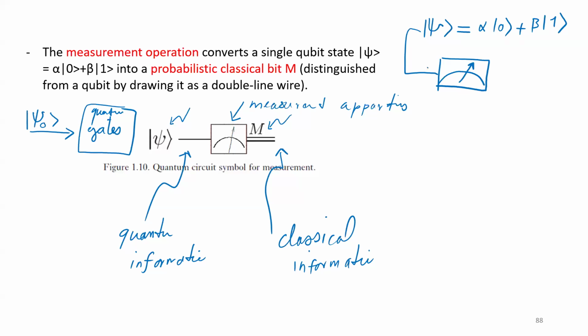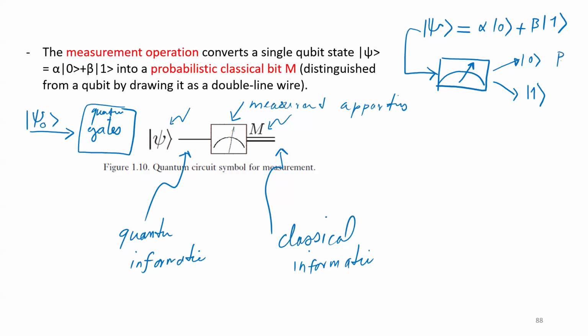If you make a measurement now on this psi, I'm going to get either 0 or 1, as we know. Once I made the measurement and made the wave function, or the state of the qubit, collapse, I have now a classical piece of information. I know for sure the system is in either 0 or 1.